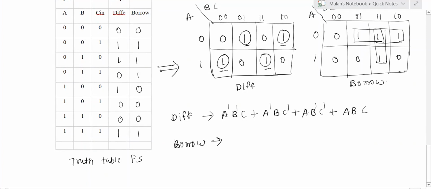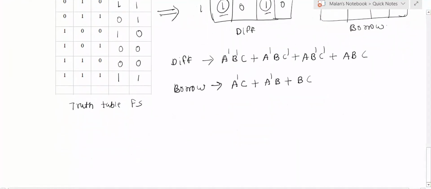The terms representing them are A bar C for the first pair, plus A bar B for the second, plus B C for the third. This is the Boolean function representing the borrow.